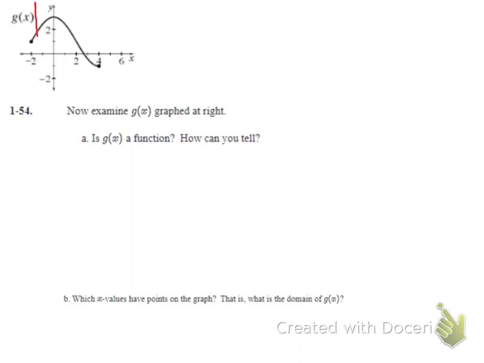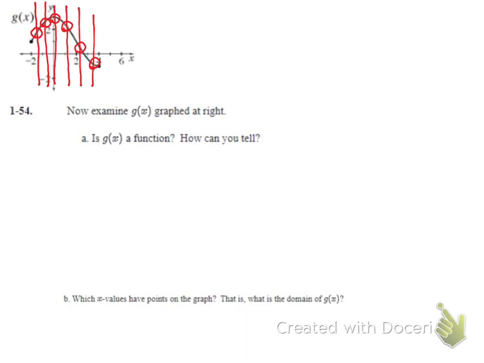So if I go straight up and down, notice that I only hit the G graph there once. We're good so far. Does that line hit once? Yep, we're good so far. It's only allowed to hit one spot at a time on the curve of the G function. And this looks good. It's only hitting one spot at a time.